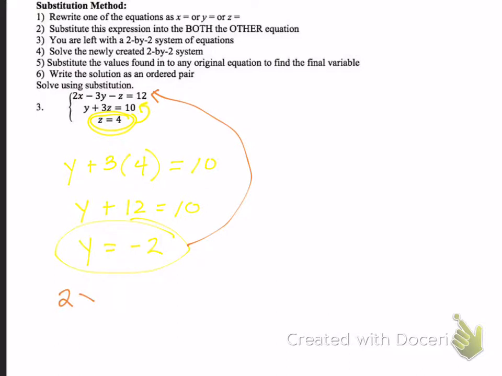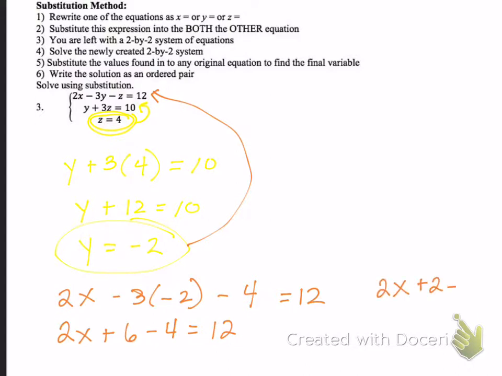So 2x minus 3 times negative 2 minus 4 equals 12. 2x equals 10, so x equals 5. So my final answer as the 3 ordered numbers would be 5, negative 2, what's z? 4.